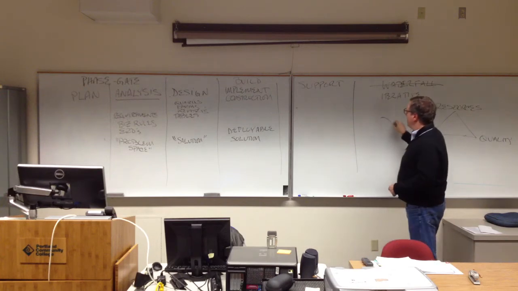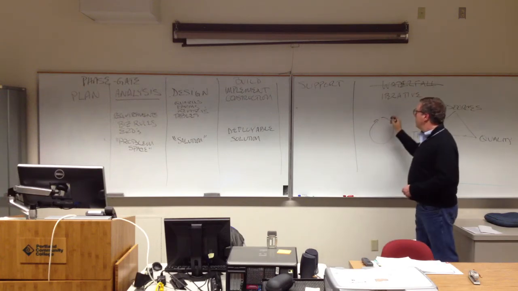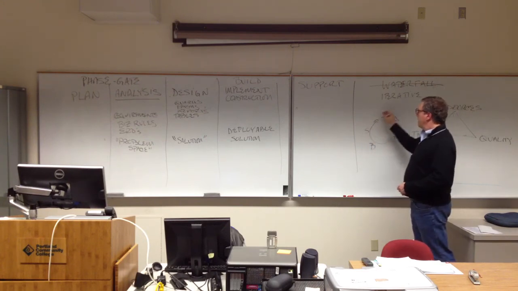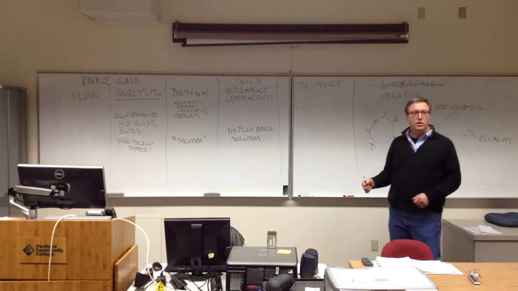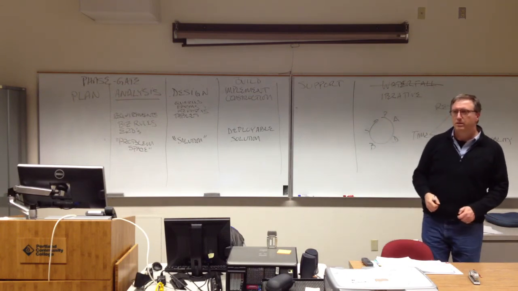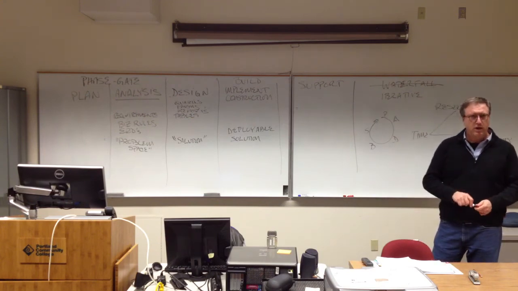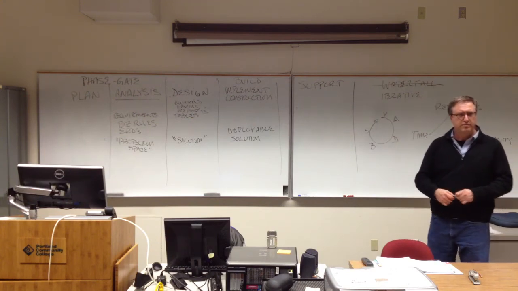That means we repeat. We go around this loop where we do plan, analyze, design, build, support, and we go around the loop again. We do it really quick. Most projects I've worked on over the years were 18 months to 3-year projects.